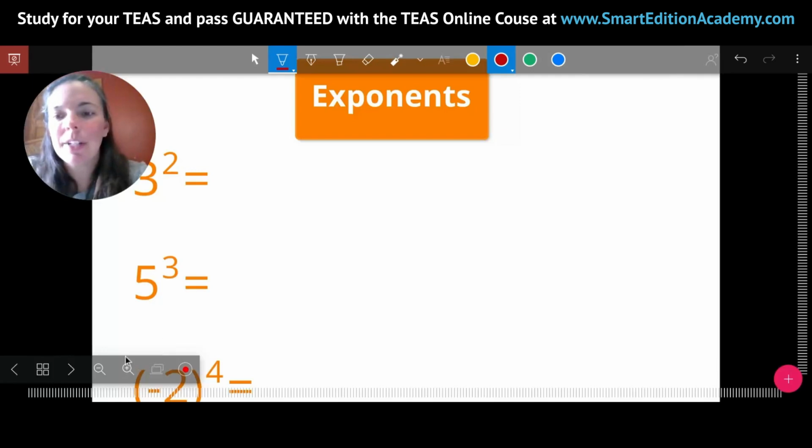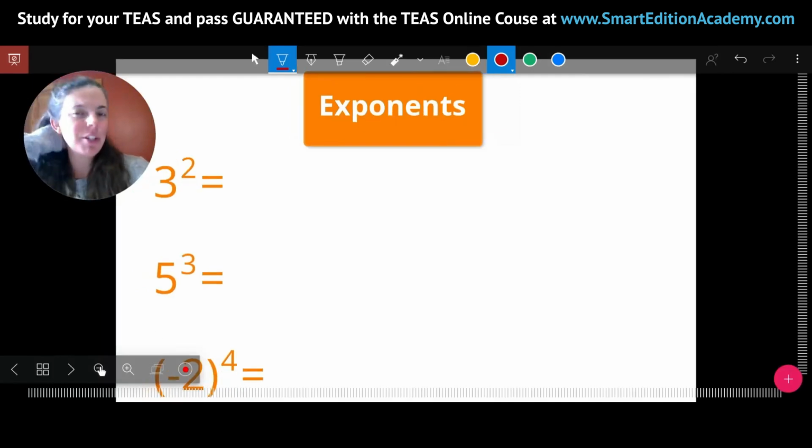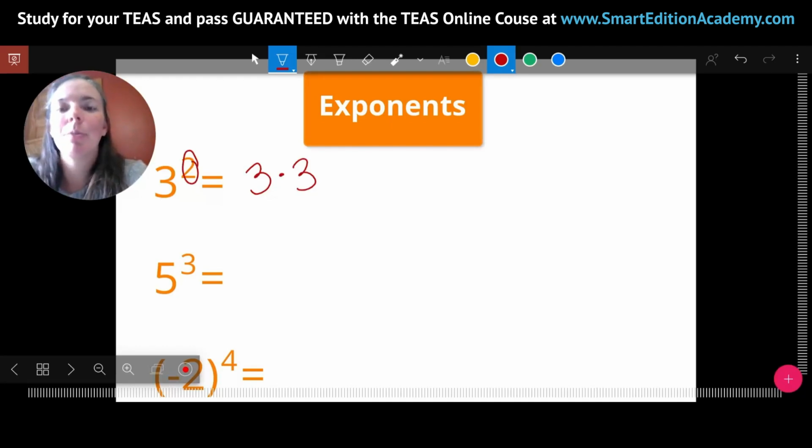All right, so let's talk a bit about exponents. We just mentioned it a little bit with PEMDAS, but let's talk a little bit more in depth. So 3 squared. Let's just first simplify some exponents. 3 squared just means 3 times 3. So the number times itself twice, okay? The exponent tells me how many times to multiply. So 3 times 3 is 9. This is not the same thing as 2 times 3, right? So an exponent is different than multiplication.